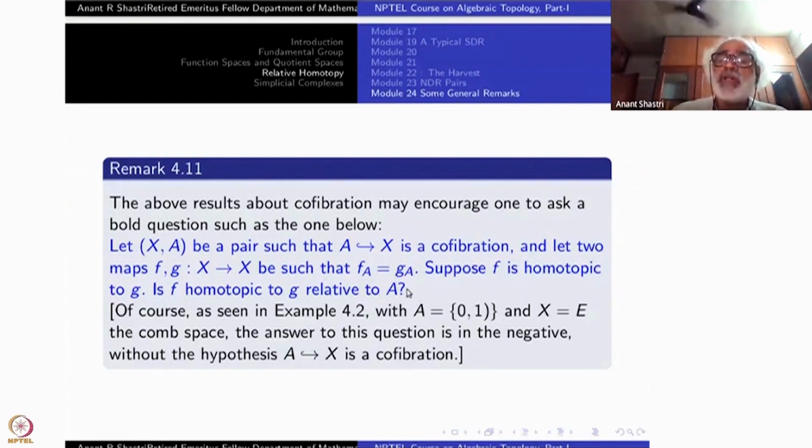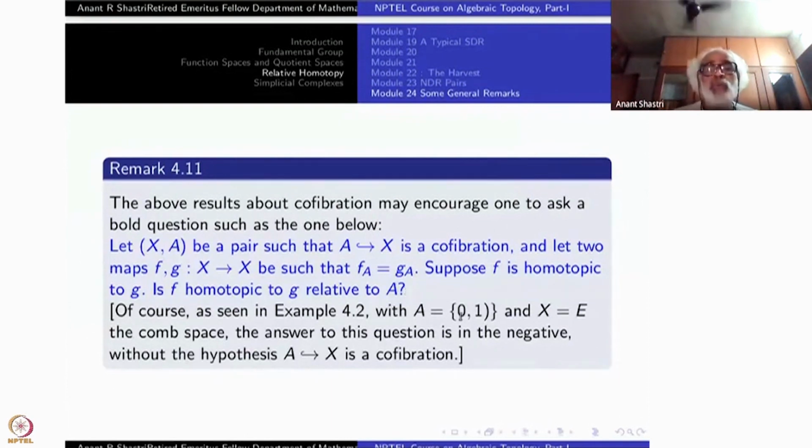This question was motivated by weak deformation retracts or deformation retracts, and then if a singleton point is a cofibration, then any deformation retract is a strong deformation retract and so on. Remember that theorem. So would you like to have just an arbitrary homotopy, or will it be a relative homotopy?